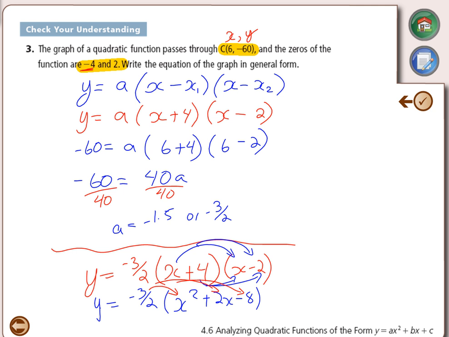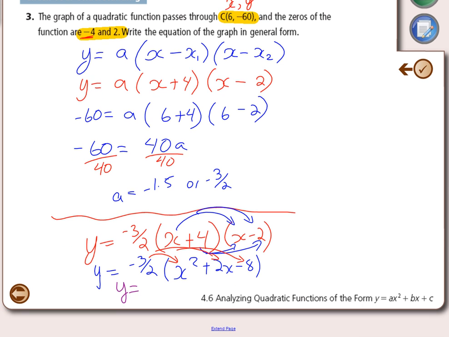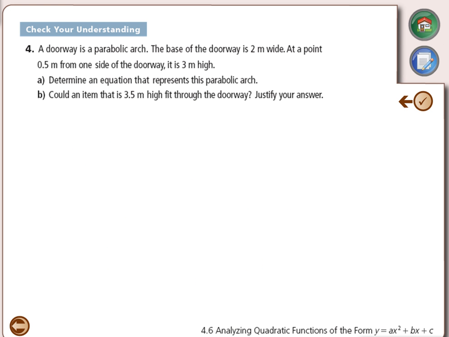Then we distribute, leaving us with y equals negative 3 over 2 x squared minus 3x plus 12. Done.